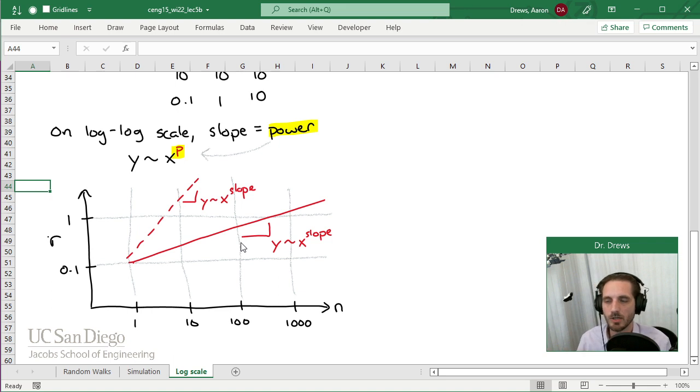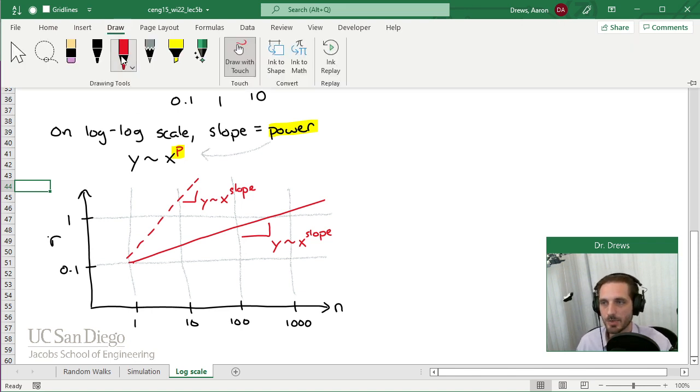because often when we are interested in a value that changes over many orders of magnitude, we're less interested in the exact quantity of that parameter, and we're more interested in how it changes over many, many orders of magnitude. Log scales can help us figure that out, and if it happens to be a straight line, like the ones that we've got here, then that straight line is proportional to the power, the exponent of your independent variable, which in this case happens to be n.